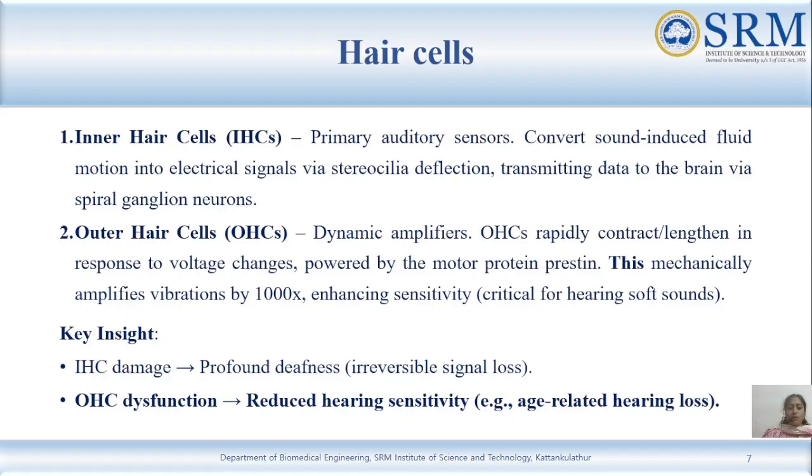And this mechanically amplifies the vibration by almost 1000 times, and thereby enhances the sensitivity, which is critical for hearing soft sounds. Some of the key insights are that when there is damage in the inner hair cell, this leads to profound deafness, and so this causes irreversible signal loss. Whereas if there is a dysfunction in the outer hair cell, this will generally reduce the hearing sensitivity as observed in age-related hearing loss.